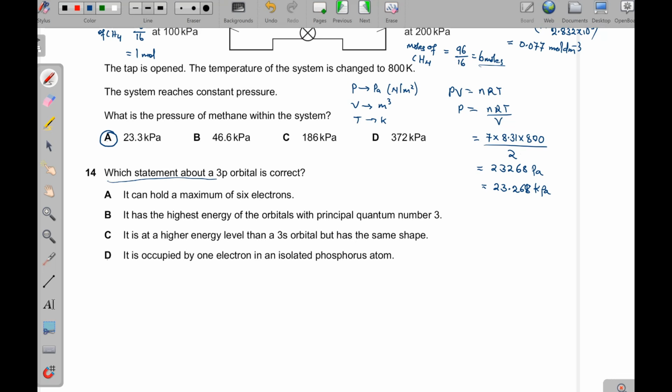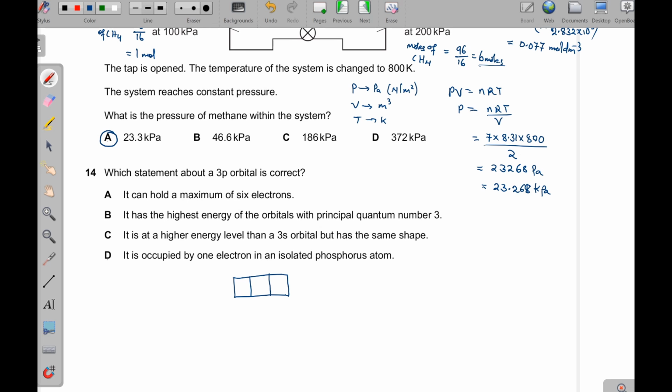Question 14. Which statement about a 3p orbital is correct? A: A 3p orbital can hold a maximum of 6 electrons. No. The 3p as a subshell has 3 orbitals. That is the confusion.